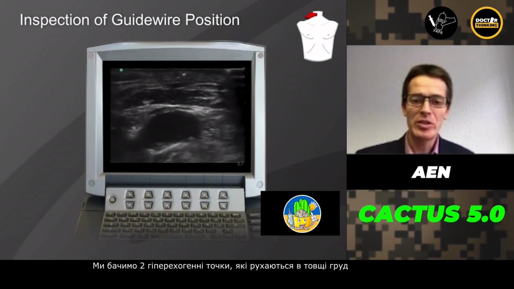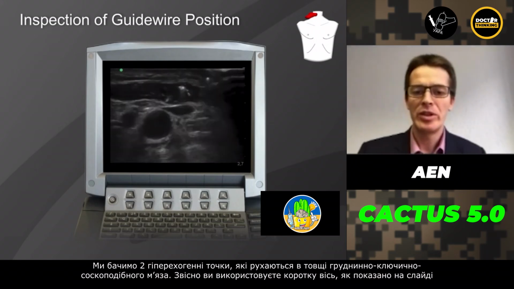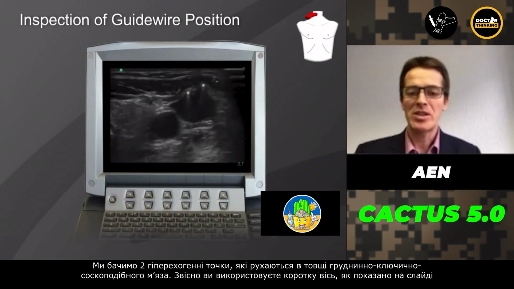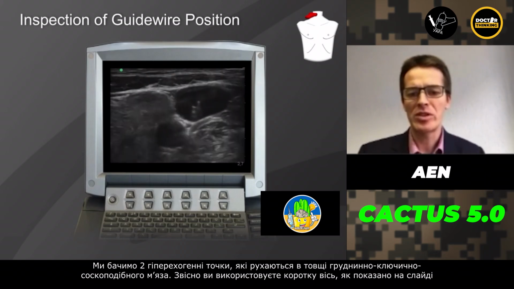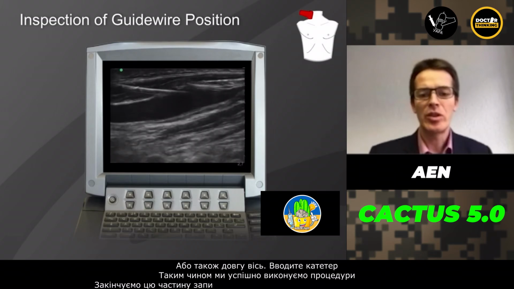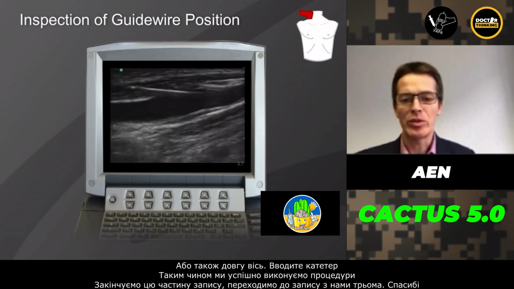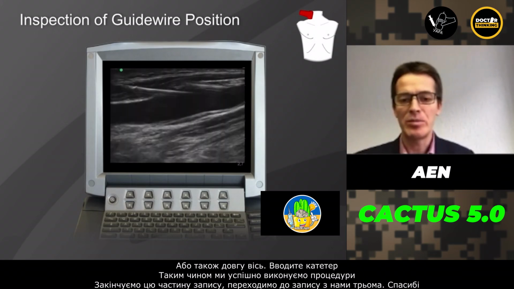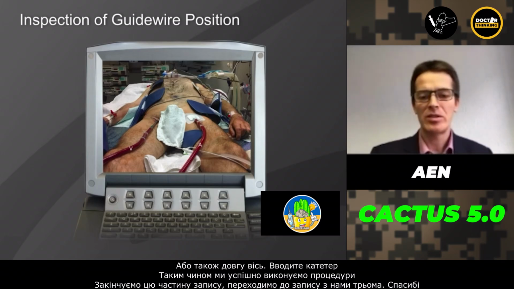As shown here, you see two hyperechogenic dots traveling through the sternocleidomastoid muscle into the IJ. Of course you can do this in short axis as shown here, or also in long axis. And then you may proceed with your dilator and put the catheter in. And this is how we end up having done successful procedures.